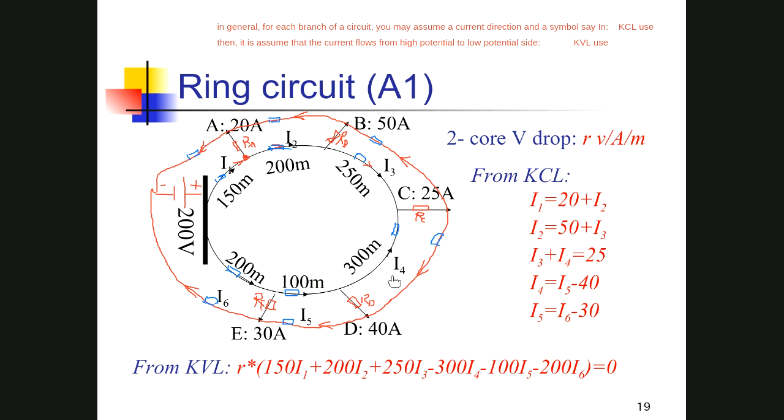Or you say I5 equal to I4 plus 40. The same. And looking at point E, you will find that I5 out, 30 out, I6 in. So I5 equal to I6 minus 30.